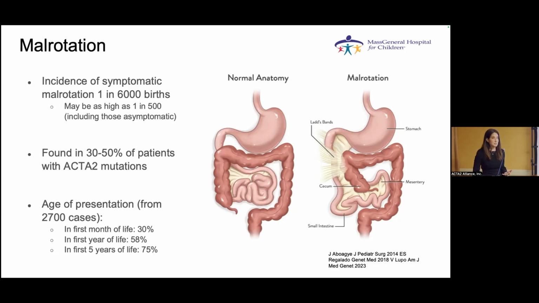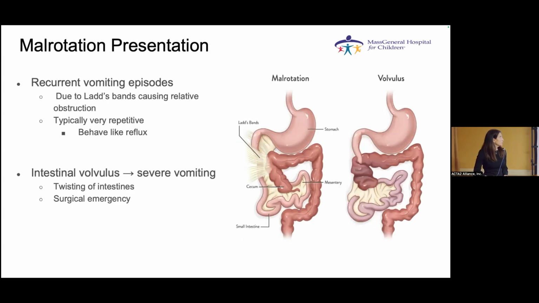The presentation is typically pretty early on, within the first 5 years of life, and they'll usually present with various symptoms. The two most common symptoms that patients with malrotation present with are related to vomiting. Often we'll have this kind of intermittent vomiting where parents will bring in their child and say that the kid's kind of spitting up. It can be like regurgitation, or we think it's like reflux in the babies.